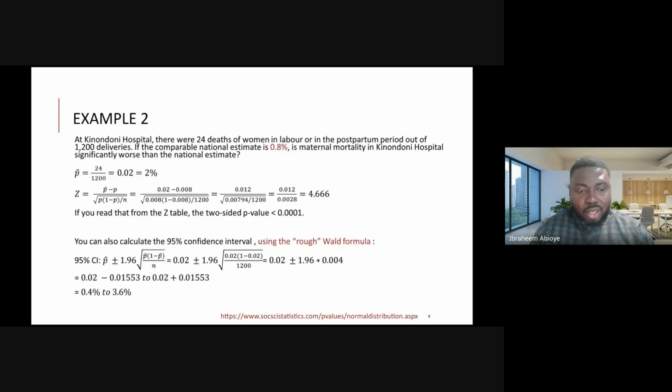Here as well, we can obtain the p-value by walking through this calculation. We can also use this Wald formula, which is the rough Wald formula for the confidence interval. Can somebody interpret the p-value and interpret the confidence interval approach?